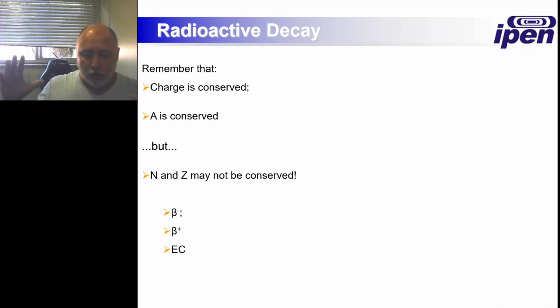So, things that you have to keep in mind about radioactive decay. Charge is always conserved. So if I emitted a negative particle, I must have created a positive particle inside the nucleus. If I emit a positive particle, I must have diminished the number of positive particles inside the nucleus. Mass number is always conserved.